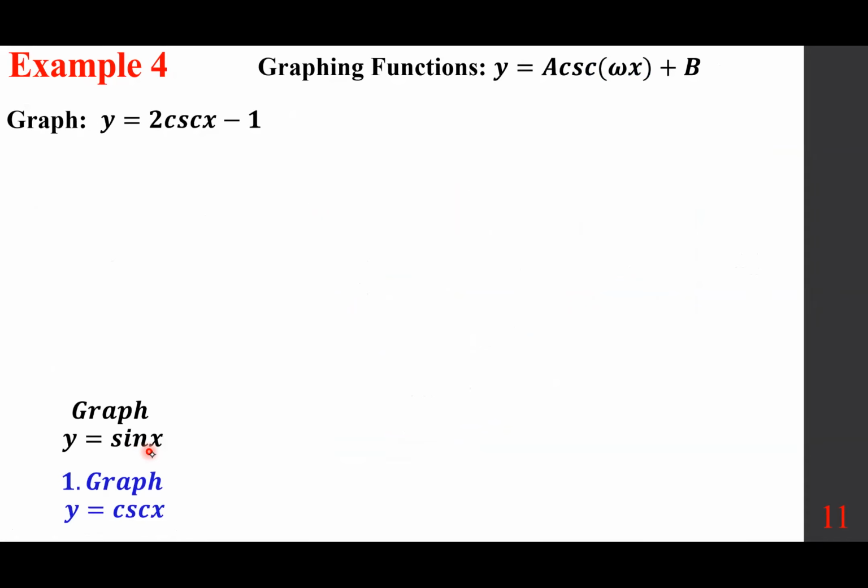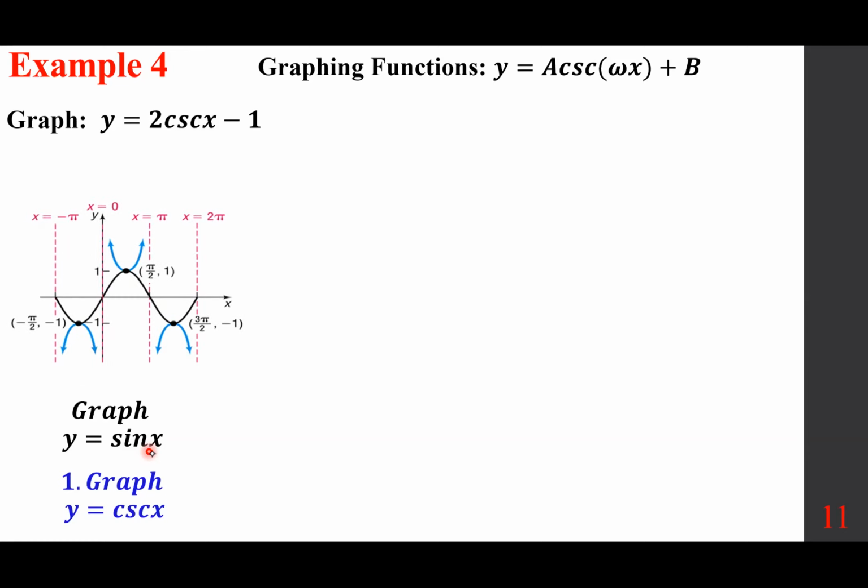That is the process. For that, we have sine x, we flip it over, it becomes cosecant x.